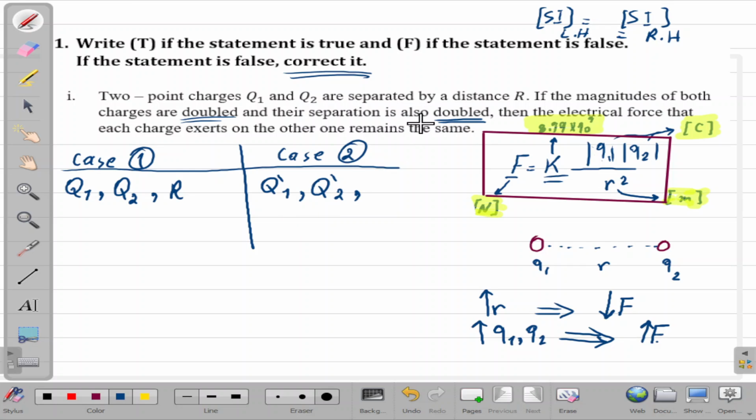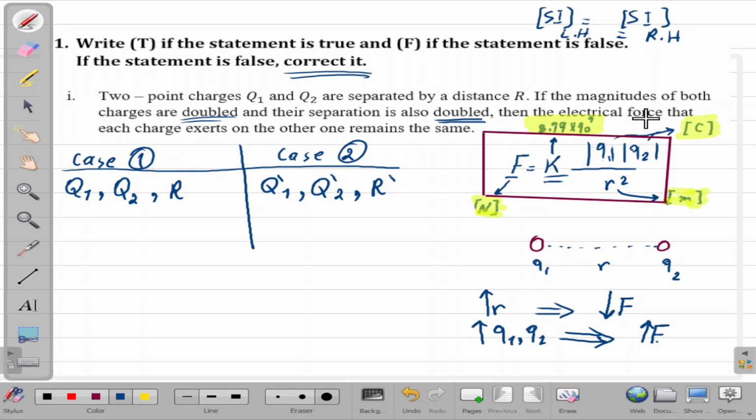The distance between the two charges is also doubled, so I'm going to call it R prime. This is the second case after we have doubled the charges and the distance.